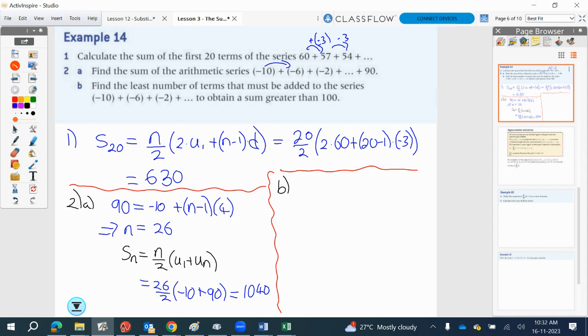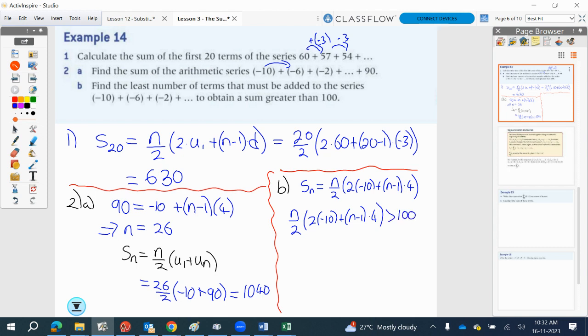So let's use the sum of n terms is equal to n over 2 times (2 lots of u1 plus n minus 1 times the common difference of 4). This is going to have to be greater than 100.